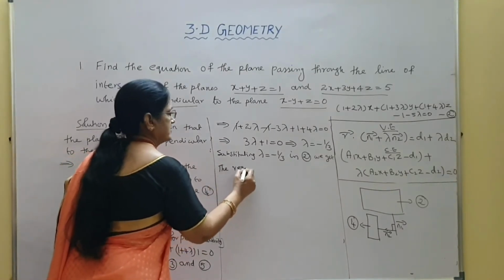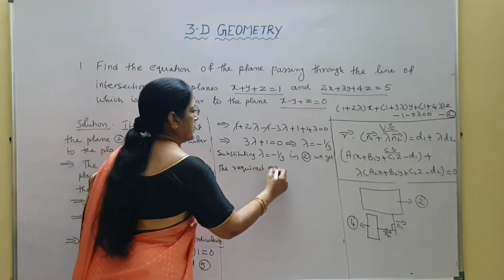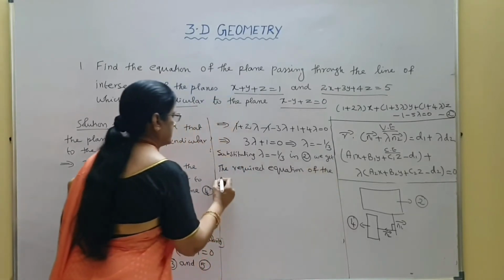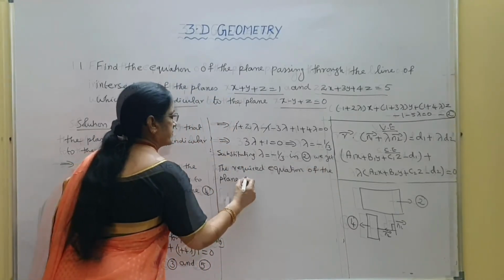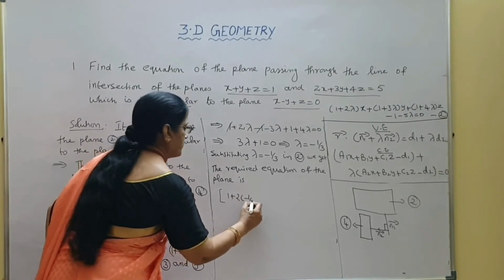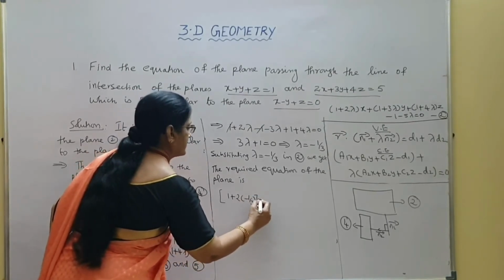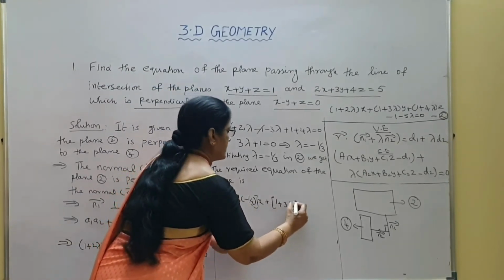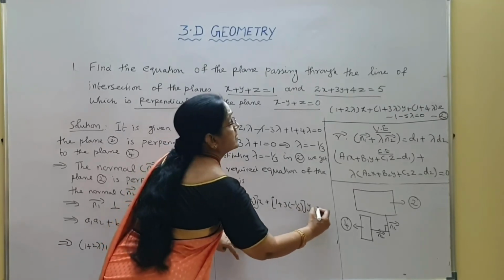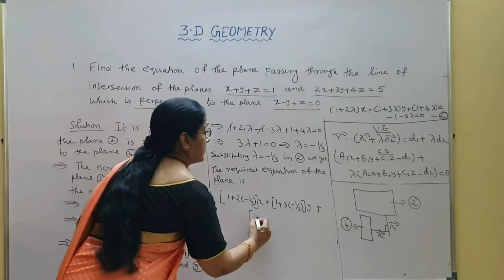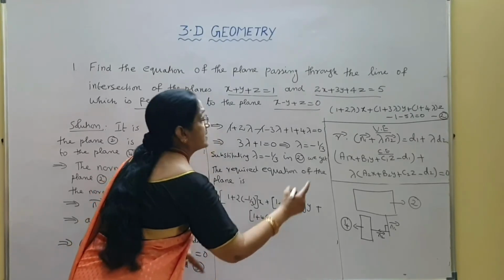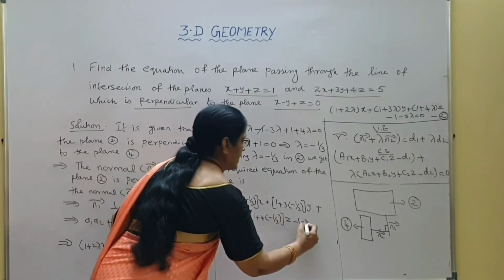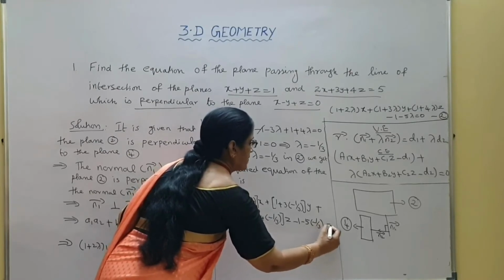The required equation of the plane is 1 plus 2 into minus 1 by 3 into x plus 1 plus 3 into minus 1 by 3 into y plus 1 plus 4 into minus 1 by 3 into z minus 1 minus 5 into minus 1 by 3 should be equal to 0.